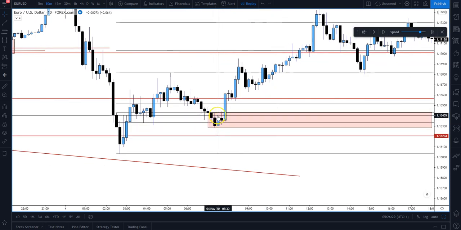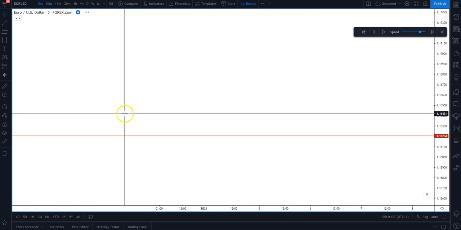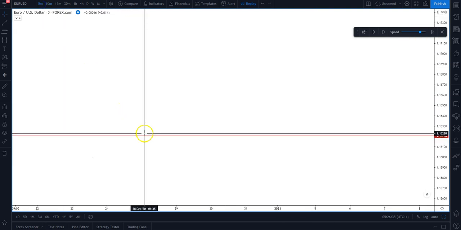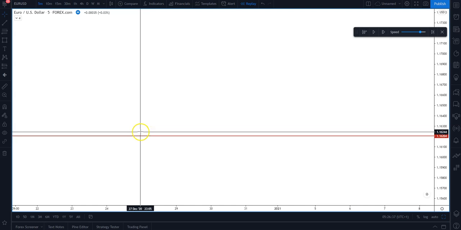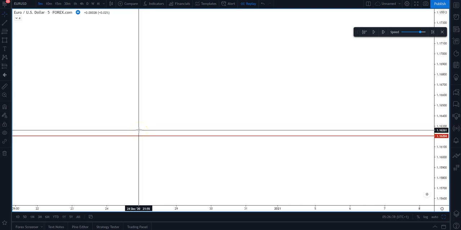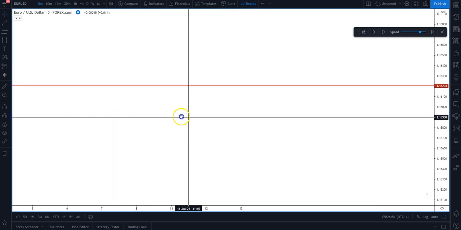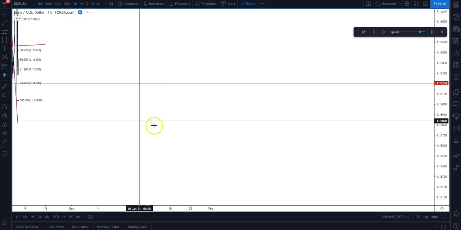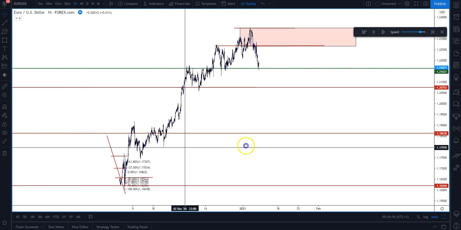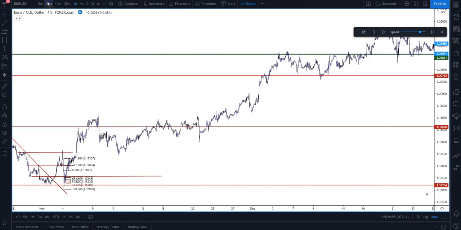If I go down to a lower time frame, or even the 5-minute, I wonder if it could go back that far. It probably can't. That's a lot of data, but that's cool. We don't need to focus on that anyway. We could just do the 10-minute.